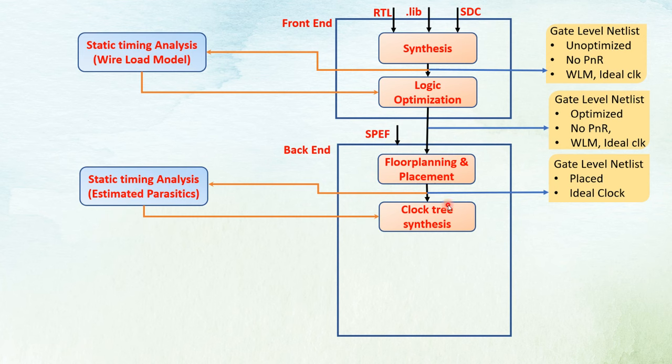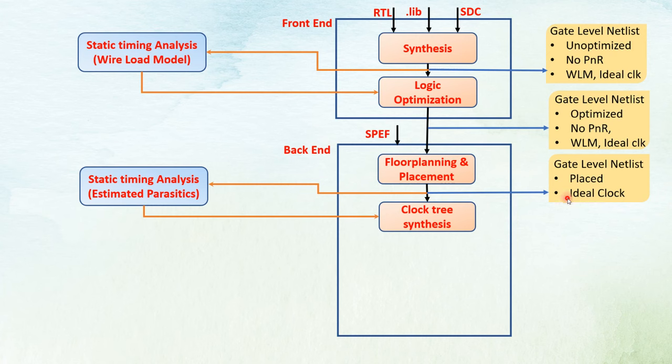But here, as we have some information about the standard cells in our design, instead of doing static timing analysis using the wire load model, we do estimated parasitics. We estimate the parasitics based on the standard cells that are placed in our design, and based on that, we do the timing analysis. Again, it goes to the clock set, and that information is given to clock tree synthesis, which is the next step of our design cycle.